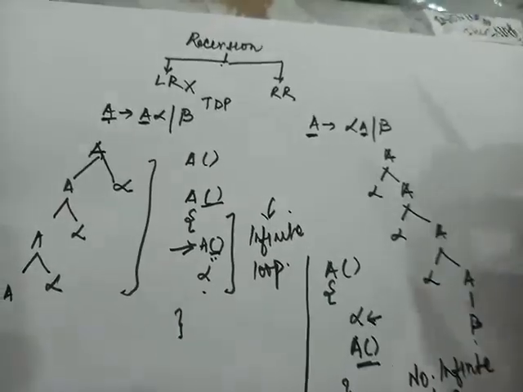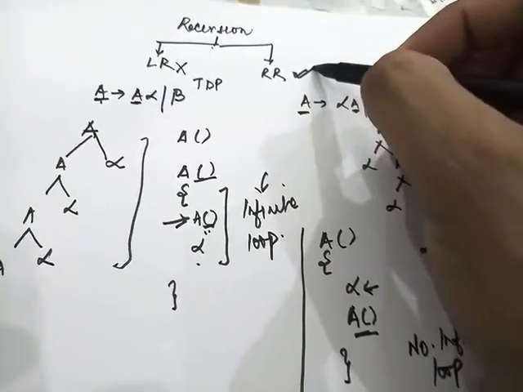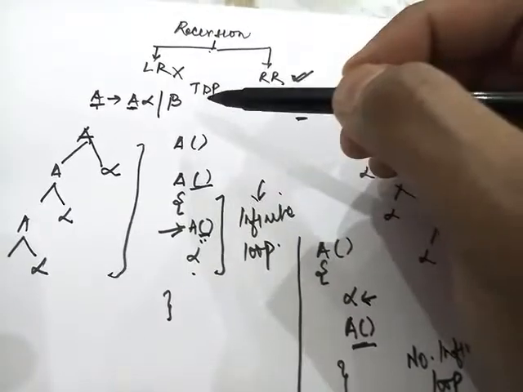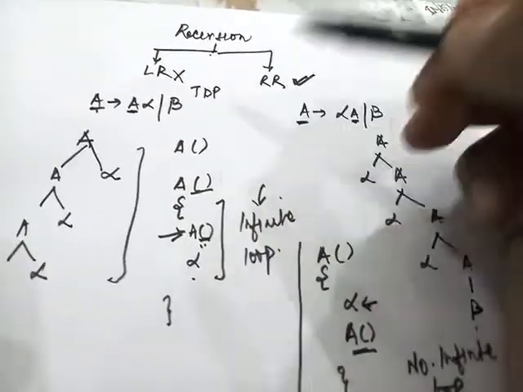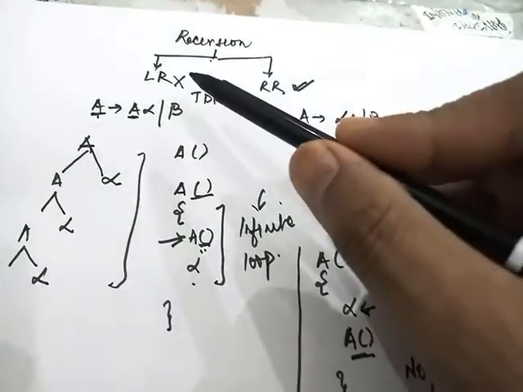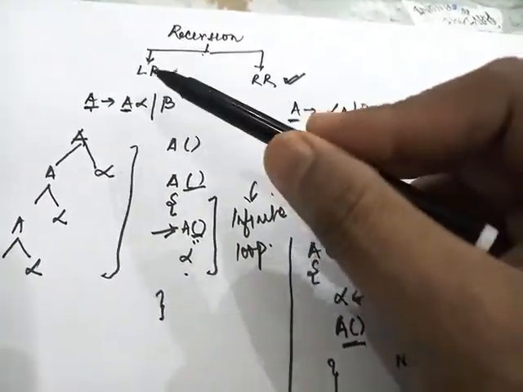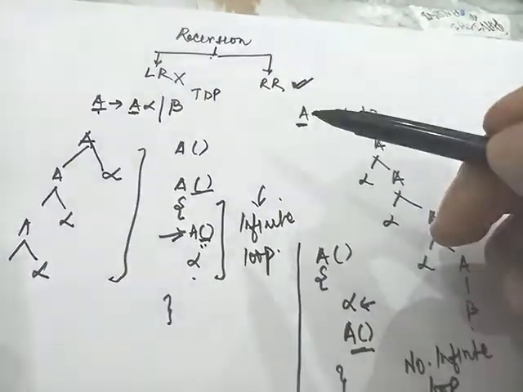That's why most grammars prefer right recursion. They do not allow left recursion in your derivation. So most of the parsers, especially top down parsers, do not prefer left recursion. So we have to eliminate this left recursion, but the language should remain the same.